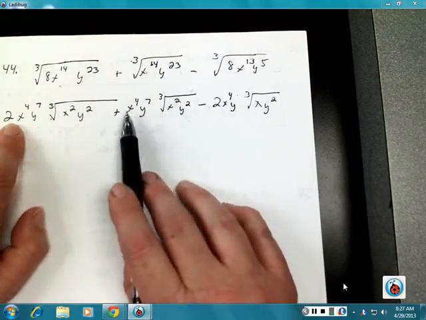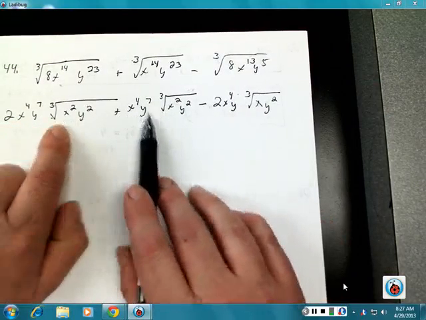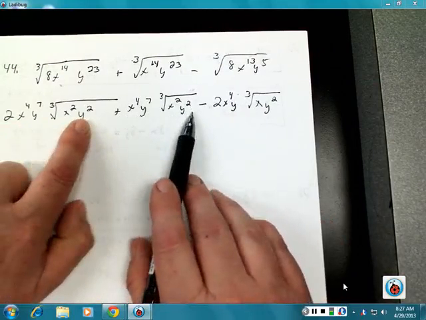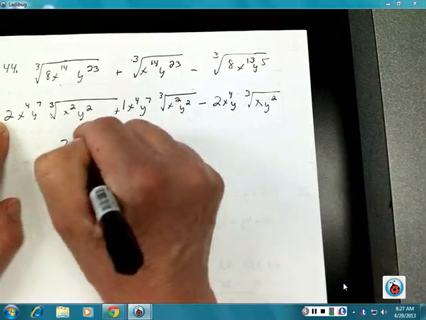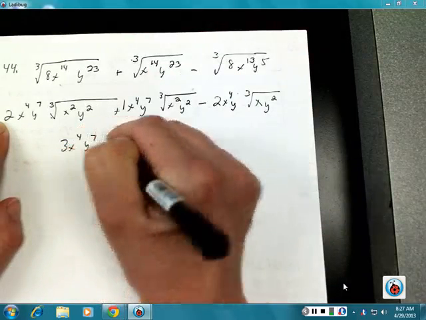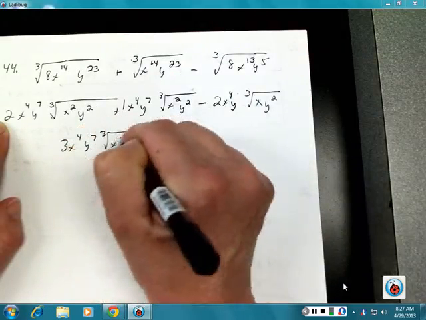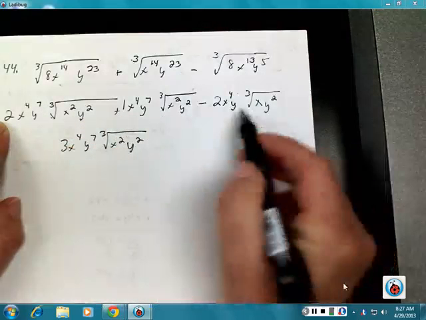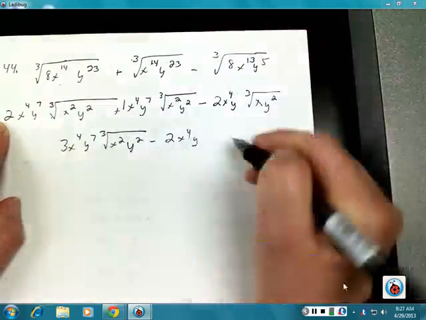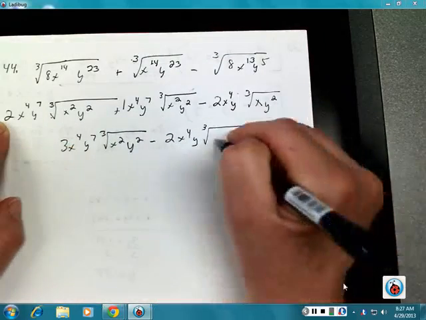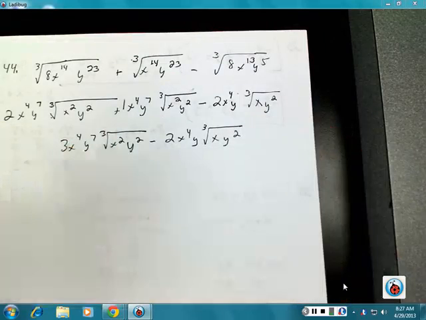Notice it's x to the 4th, y to the 7th, x squared and y squared under the radical still. So I can add these together. There's a 1 there, so I really have 3x to the 4th, y to the 7th, the cube root of x squared, y squared. This piece can't be added to anything, so it just comes down and is left there. And so that becomes my answer. So that's what I have here. Okay? Makes sense now? Hopefully.